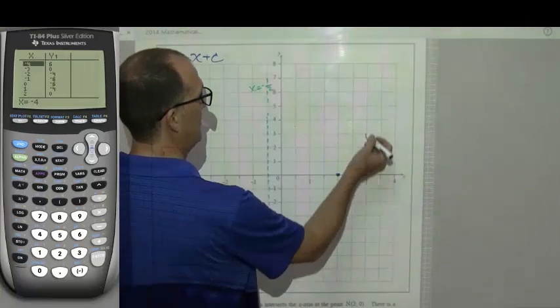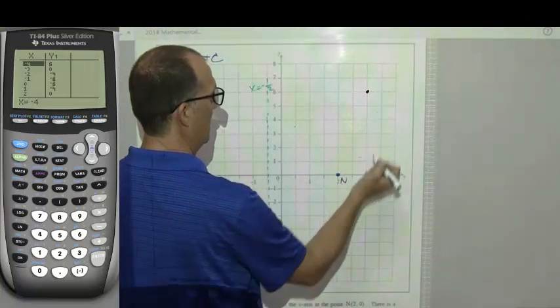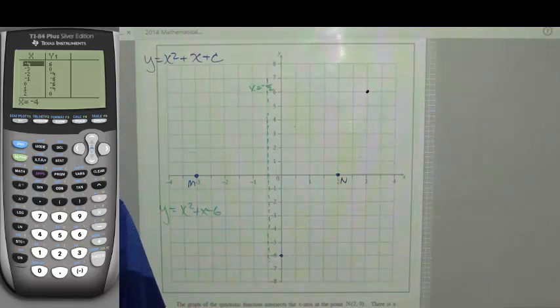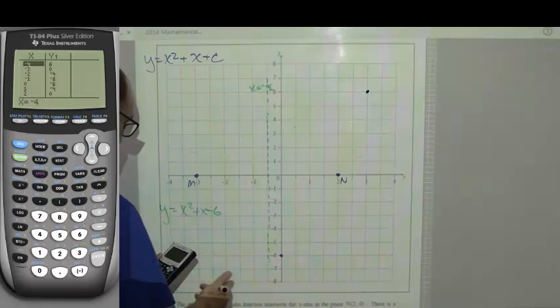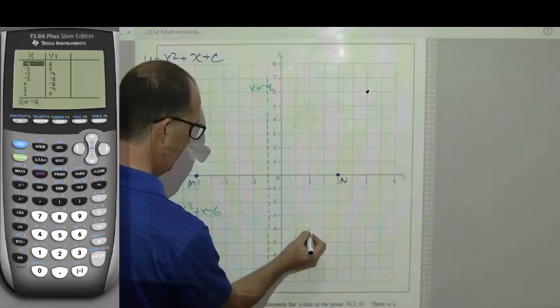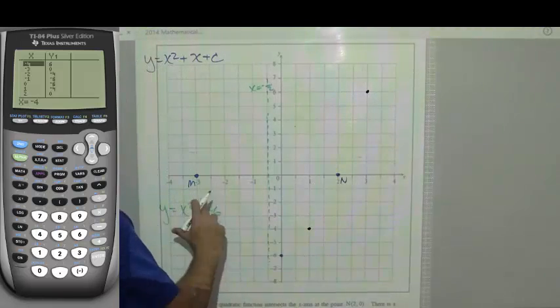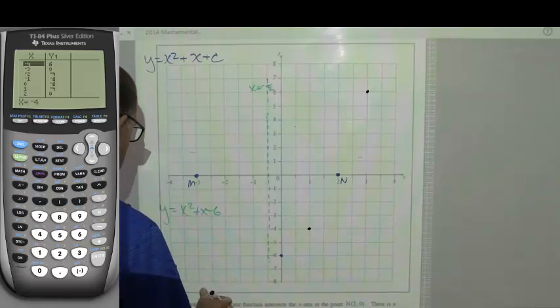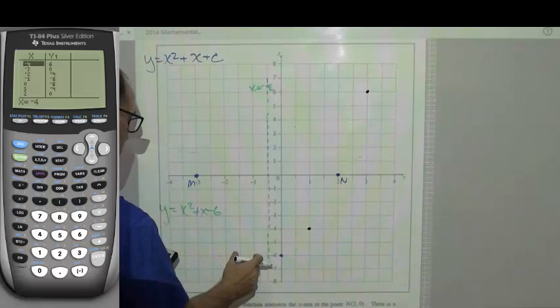So from my table, (3, 6), (2, 0), (1, -4). Now I can actually use this axis of symmetry idea, but let me just continue.